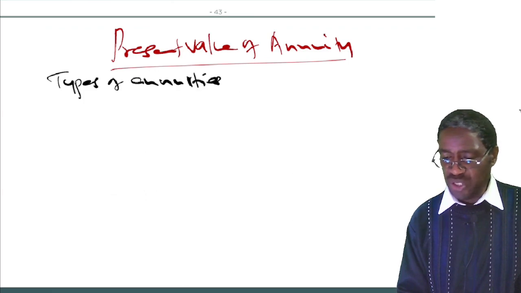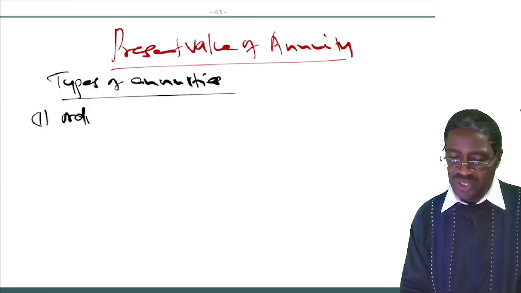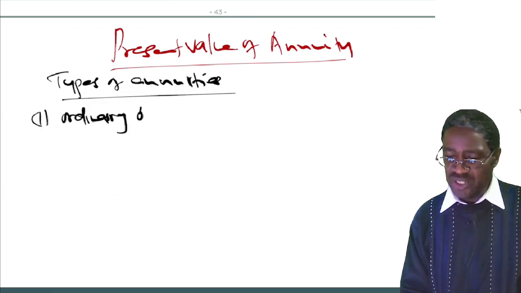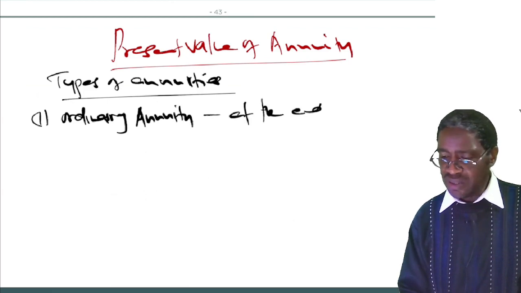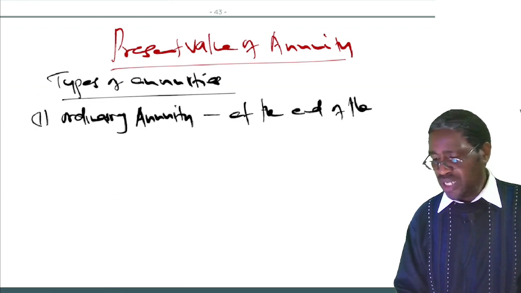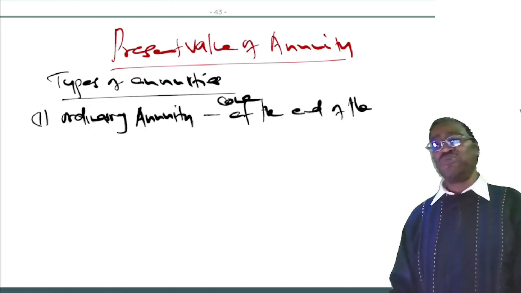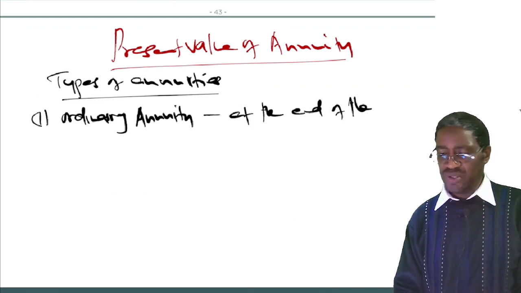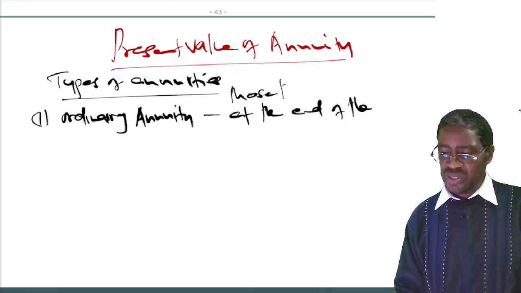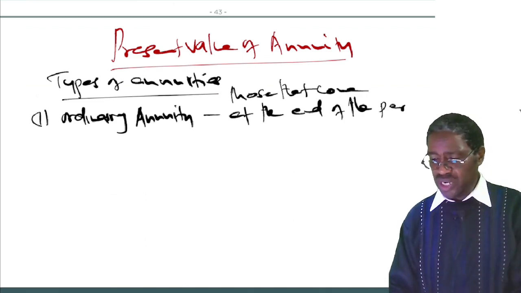Though by now you should be knowing, but there is no problem writing them down. Again, 1, ordinary annuity. Then you say this: those that come at the end of the period.